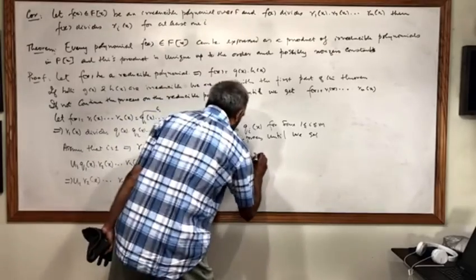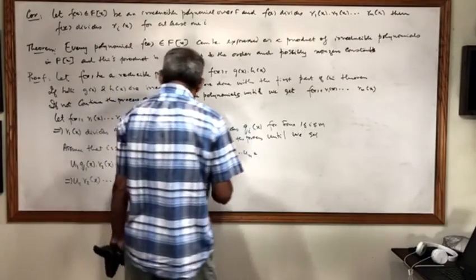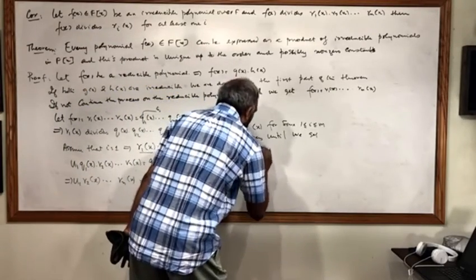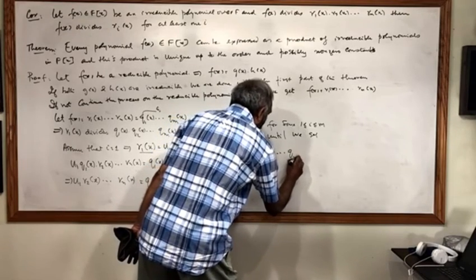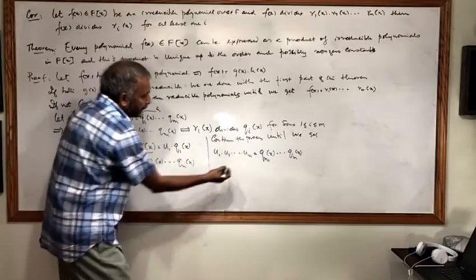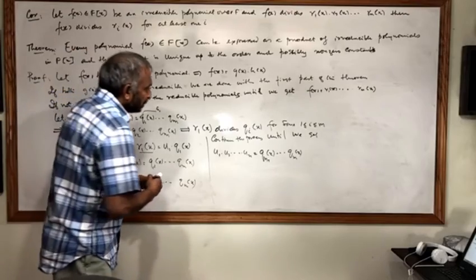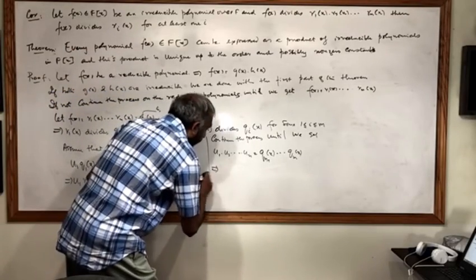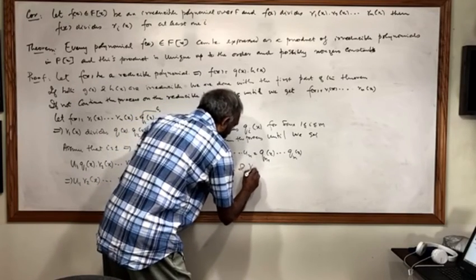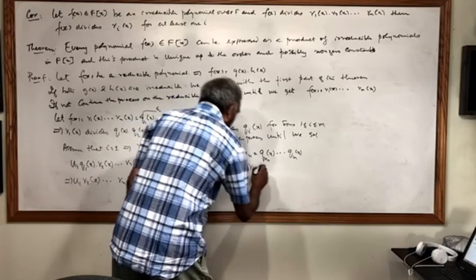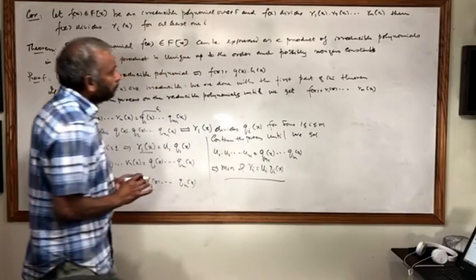So this is equal to q n plus 1 of x ... q m of x. This is a constant and this is a polynomial. So this implies that m is equal to n and Ri is equal to ui times qi of x, and that is what we want to prove.